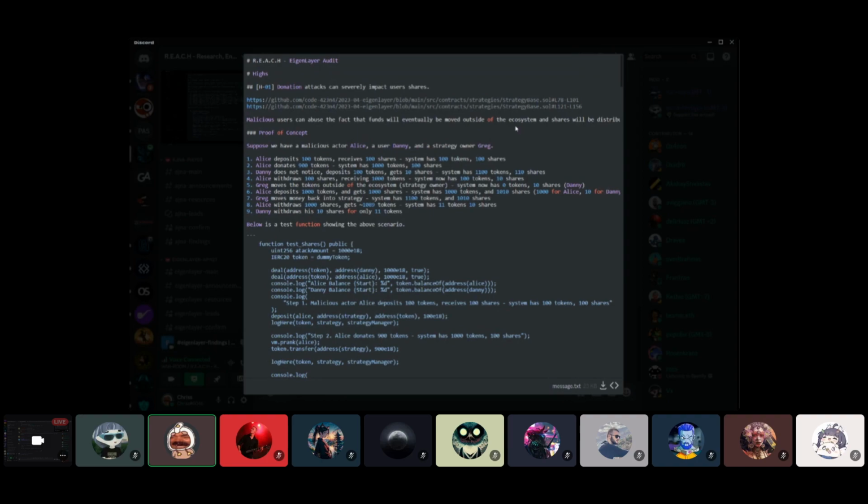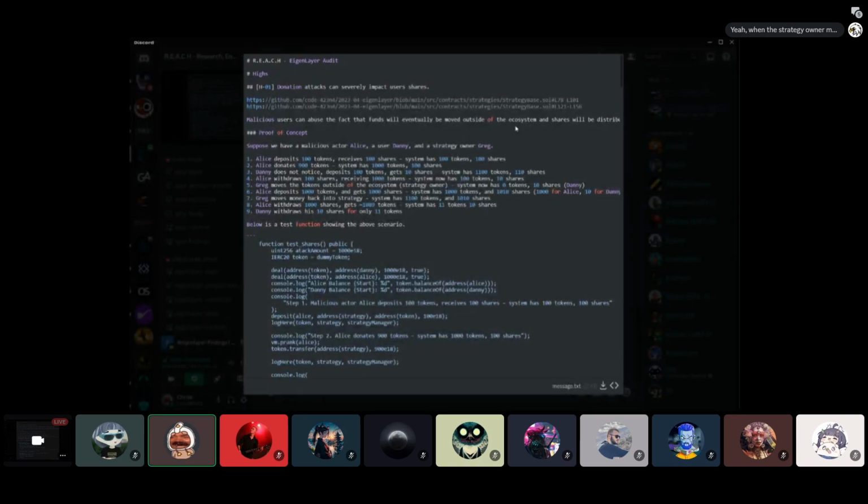Then Alice withdraws her 100 shares, essentially claiming her 1,000 tokens. Now the system has 100 tokens and 10 shares, which is again a 10-to-1 ratio. Then Greg moves the tokens outside of the ecosystem because he is authorized to make the money get leveraged for security purposes.